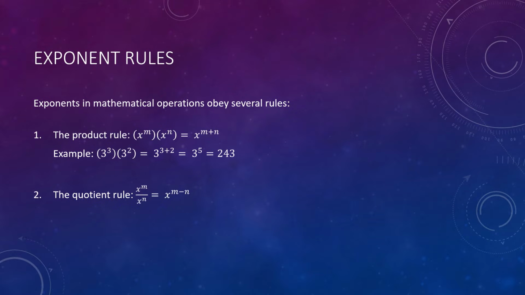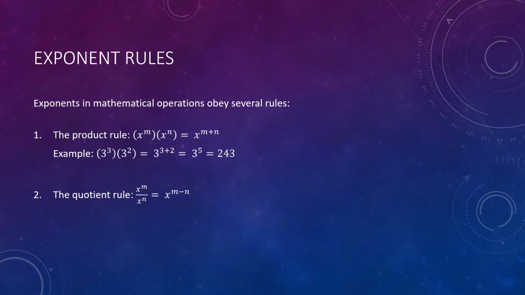Next up is a very similar situation, but this time instead of multiplying our two values, we're going to divide, hence the quotient rule. This is a situation in which we have x to the m divided by x to the n. In this case, instead of adding exponents, we subtract them. So you'll have your base number x raised to the m minus n.